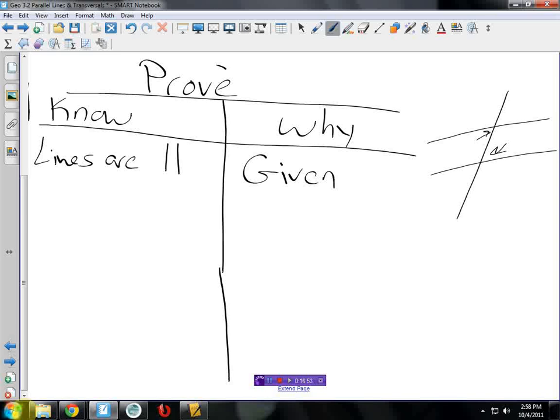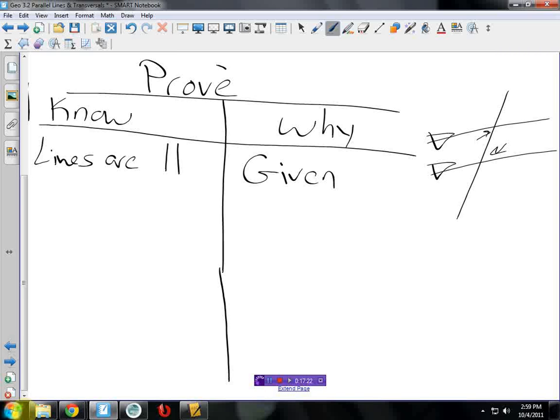Does anybody see anything that you guys want to try? You read the line. So the lines are parallel. That's our given, right? Like what?